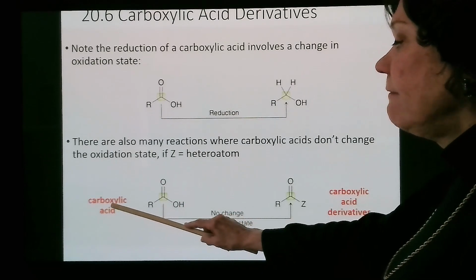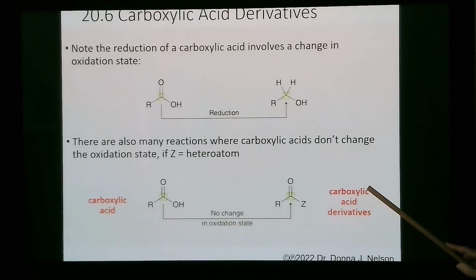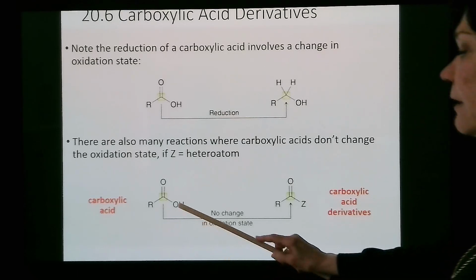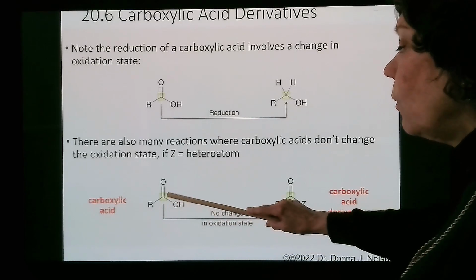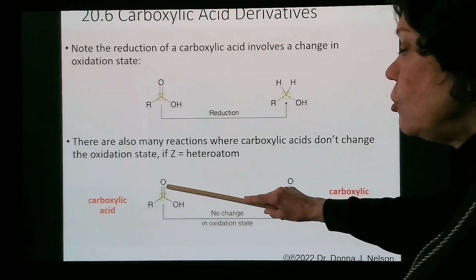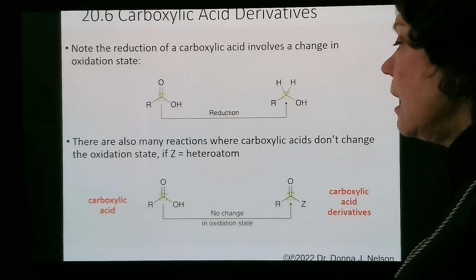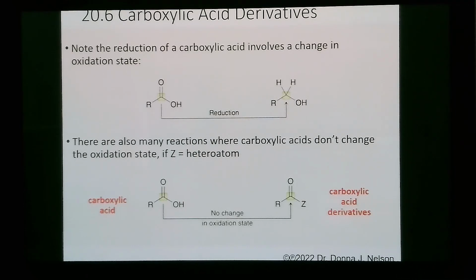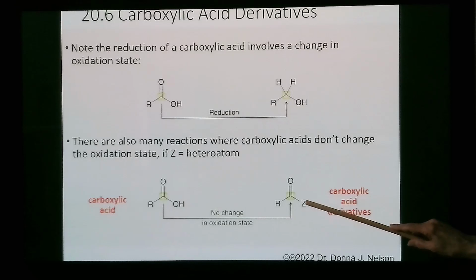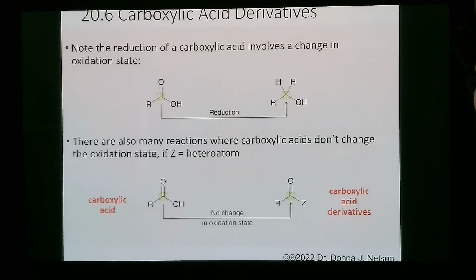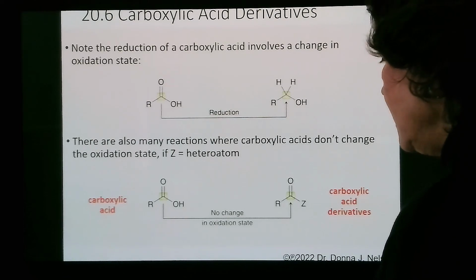And so there is a change in the oxidation state of carbon. However, in converting a carboxylic acid to a carboxylic acid derivative, notice that there is no change in the oxidation state. We are going from carbon bonded to 3 highly electronegative atoms to carbon being bonded to 3 highly electronegative atoms. And so there's no change in the oxidation state.